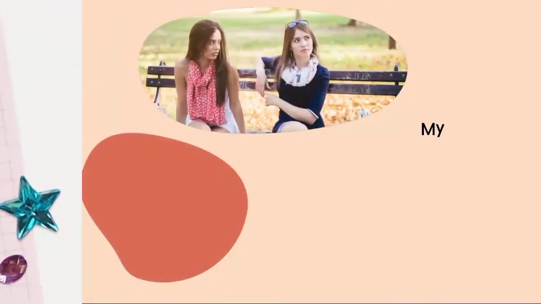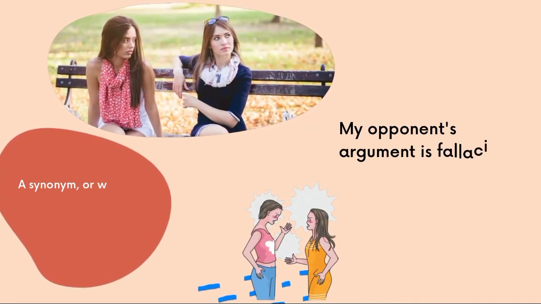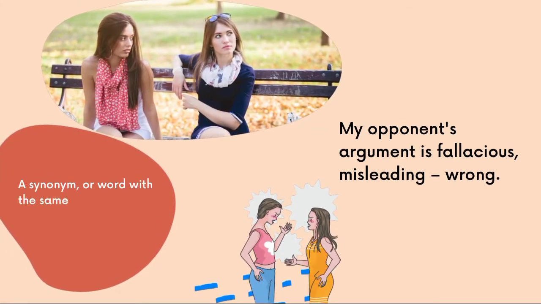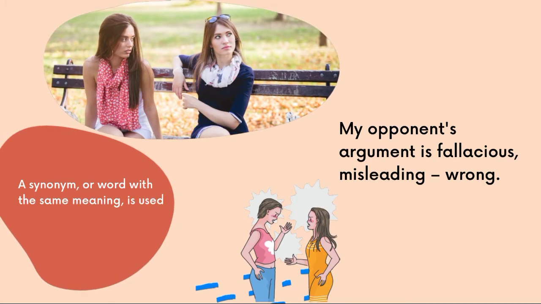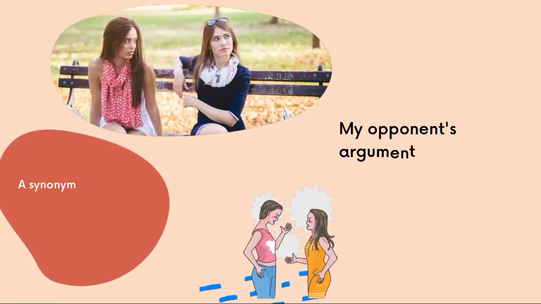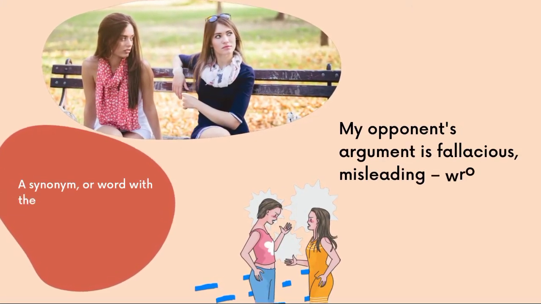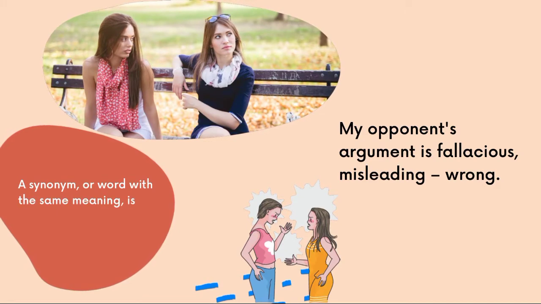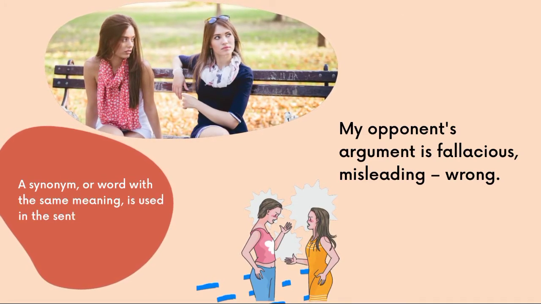Now in this case, a synonym, or a word with the same meaning, is used in the sentence. You can use the synonym to identify the meaning of the word.